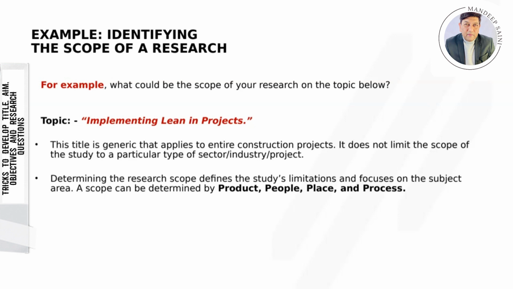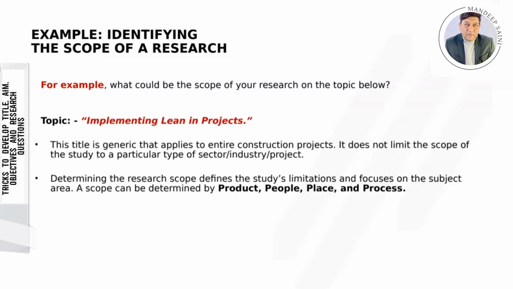As an example, your tentative topic is implementing lean in projects. Now, when we look at that topic, implementing lean, yes, we are trying to implement lean in the project. Now, that is a very generic topic, and it doesn't give us any clear view what type of project we are talking about, where those projects are, and what will be the final outcome of the research as well.